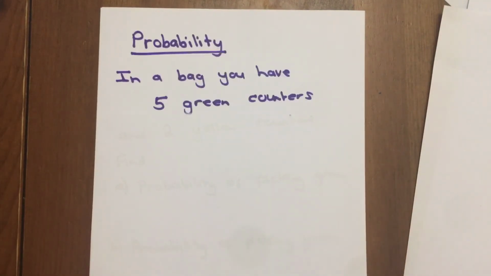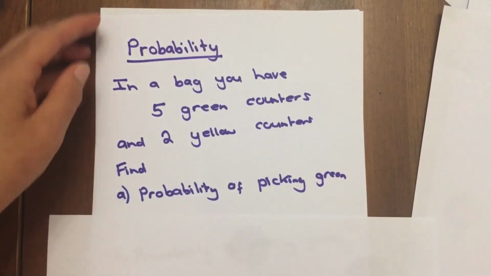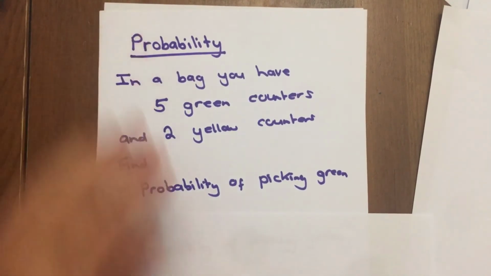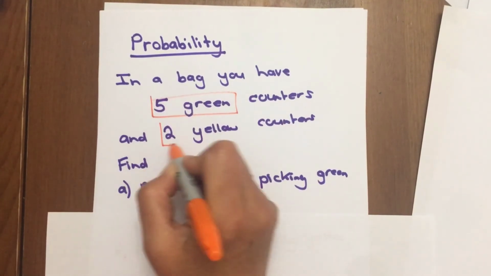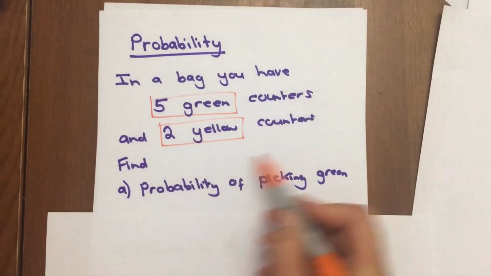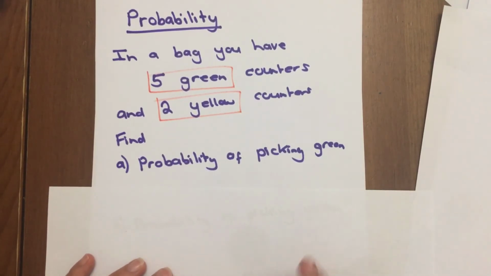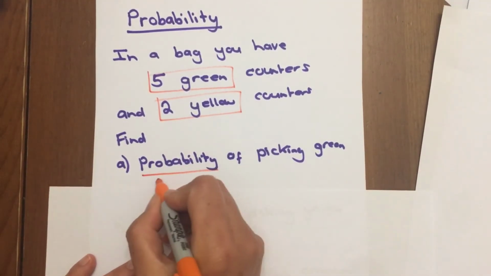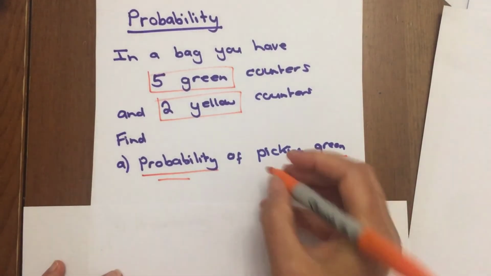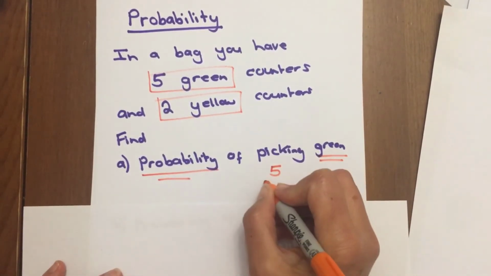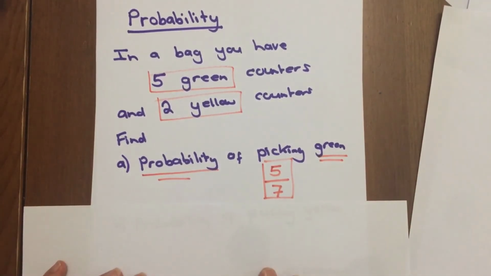Okay, next. Here's a question on probability. Okay, you've got a bag and you've got 5 green and 2 yellow. So how many have you got altogether? Yep, that's it. You've got 7 altogether. What's the probability of picking a green? Yep, that's right. You've got 5 green out of a total of 7.